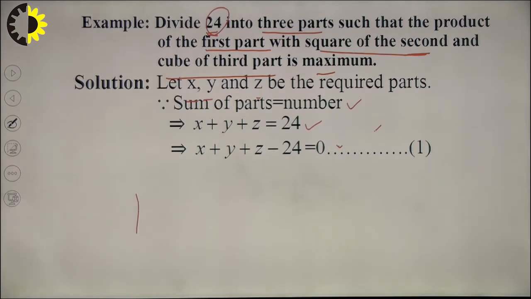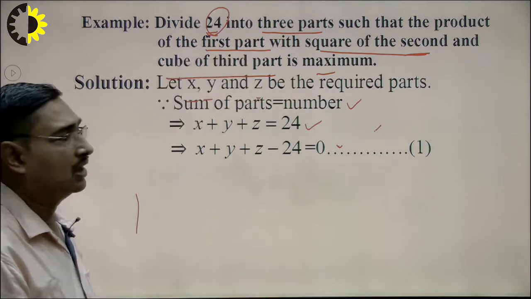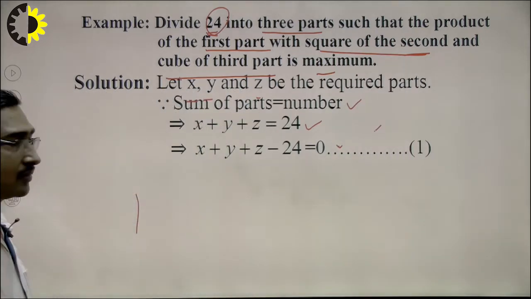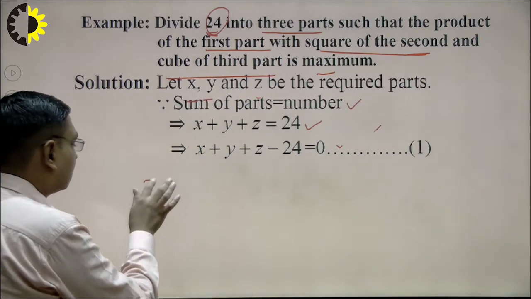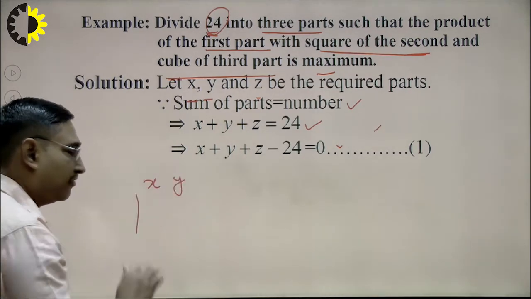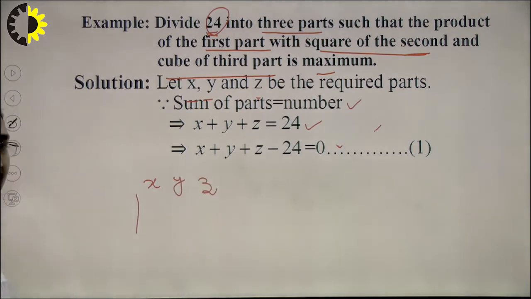Now I observe the quantity which is to be extremized, that is maximized or minimized. The quantity to be maximized is the product of the first part with square of the second and cube of the third. First part is x, second part is y, third part is z.